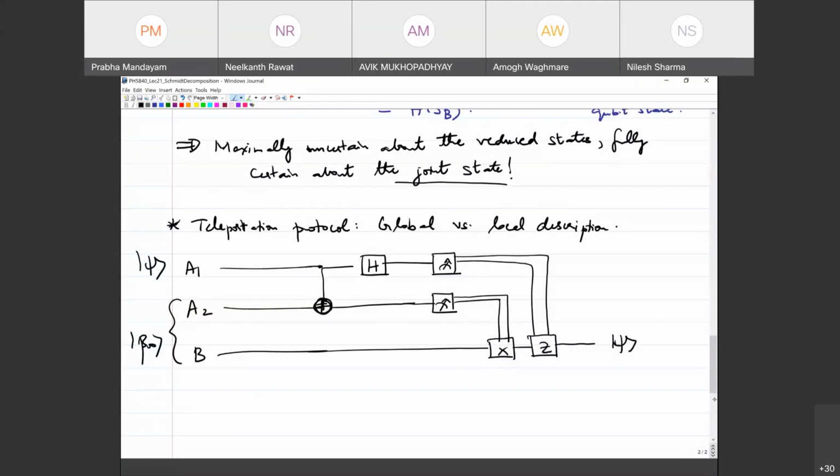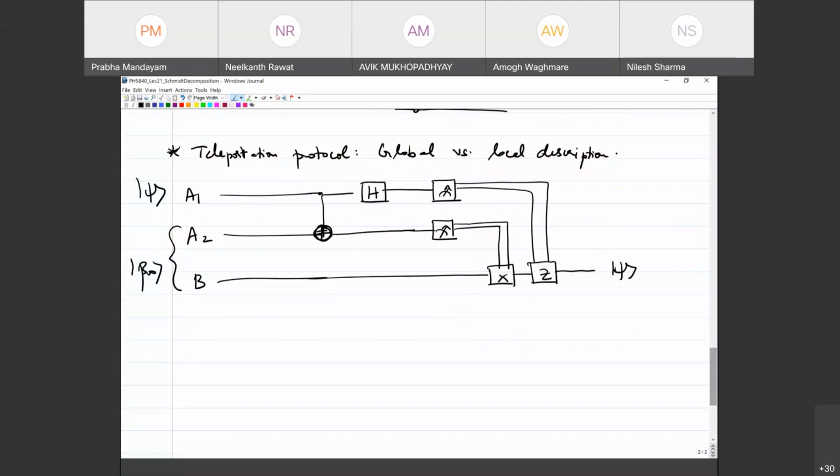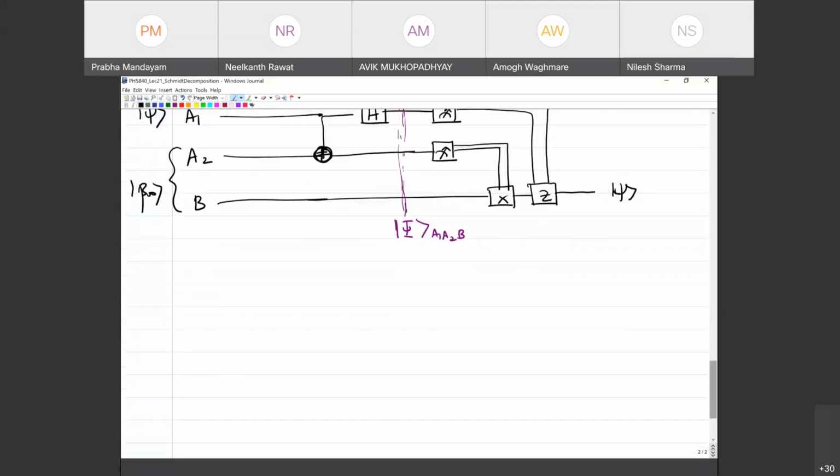So remember this joint tripartite state that we wrote down, A1, A2, B at this point, which is just before the measurement, okay? At this point. So this state is what I want to write down, okay? And if you recall from the notes of maybe 2 lectures ago, or I don't remember, it was just last lecture, but let me just recall the state simply from the lecture, right?